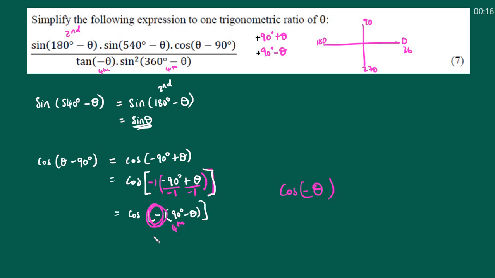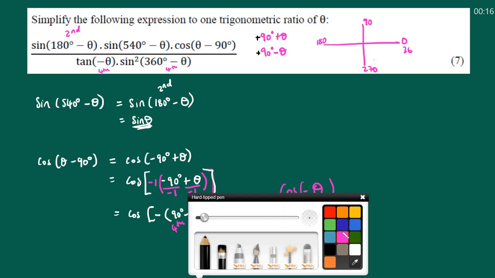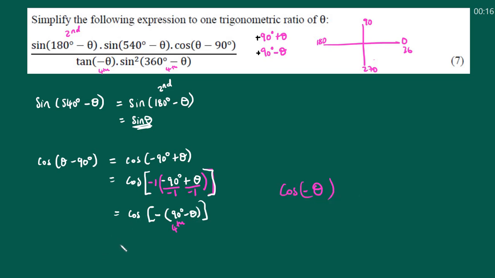Right. So the answer there would be what? Remember, cos is positive in the fourth quadrant. So your answer for that one would be cos of the angle. Remember, cos negative theta is cos theta. So even here we're going to say cos 90 degrees minus theta. That will be our whole angle.